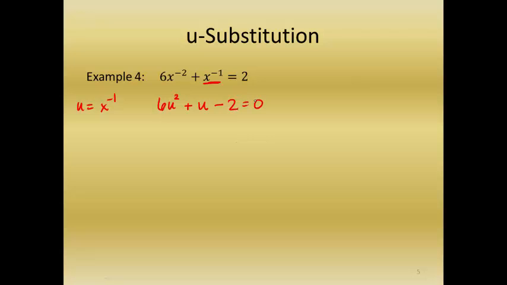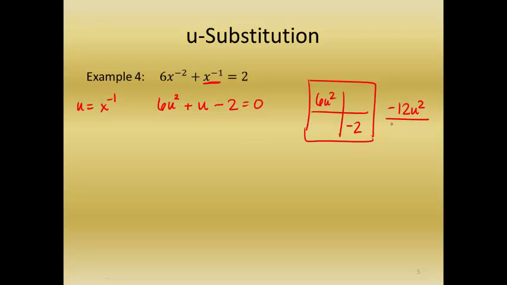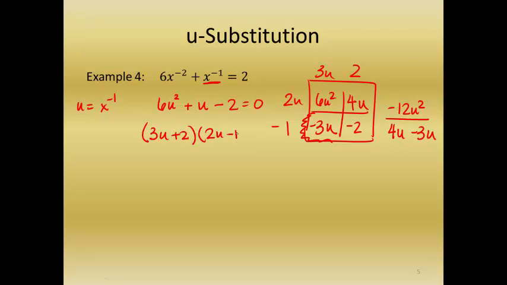And I prefer to use this method, so 6u squared and minus 2 makes negative 12u squared. And I think 4u and negative 3u work. And because this one is negative, I will pull out a negative 1, 2u, 3u, and 2. So that leaves me with (3u plus 2)(2u minus 1).